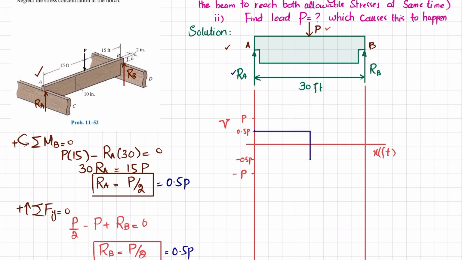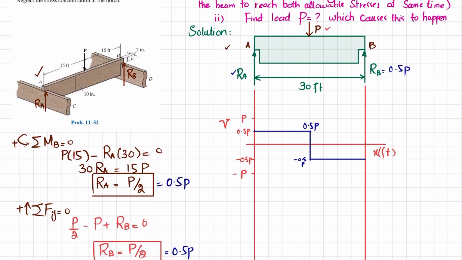This point is 0.5 P, and this point is minus 0.5 times P. Moving from this point there is no other force, so the shear force will remain the same, and it will be a horizontal line. At the end you have RB, which is equal to plus 0.5 P, so it will bring it to 0. So this is your shear force diagram.